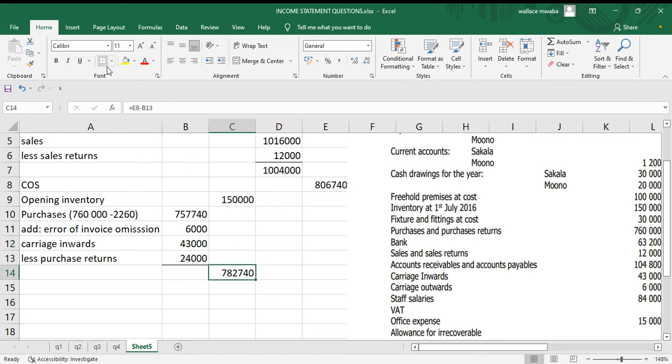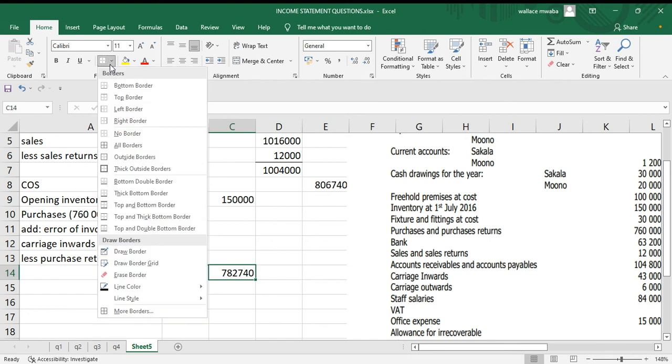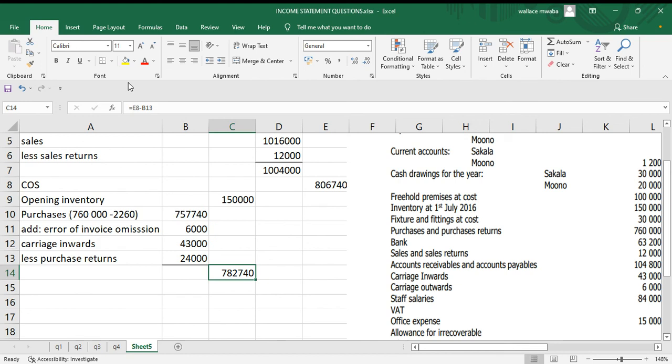I'm going to add these two. So we're going to say 150,000 plus 782,740. We're going to get 932,740.